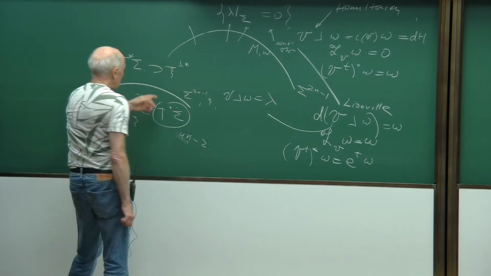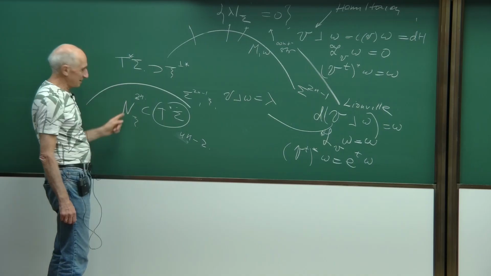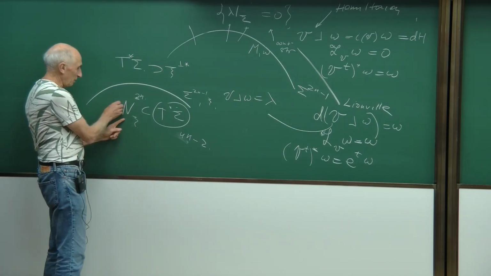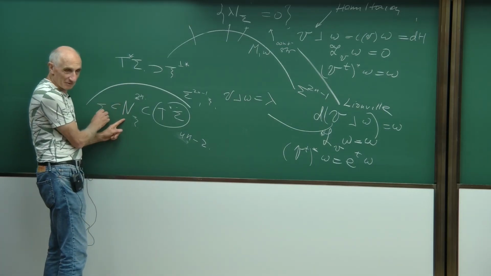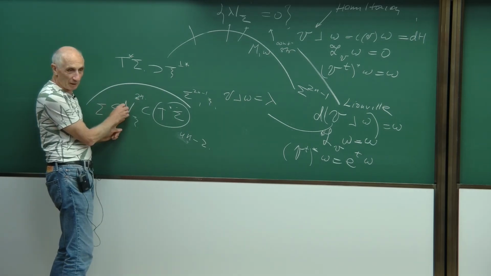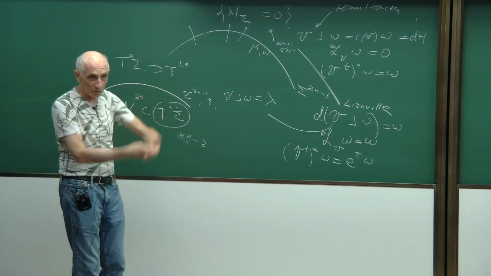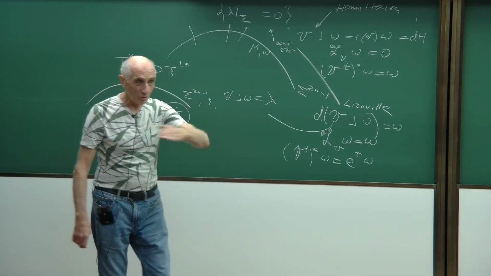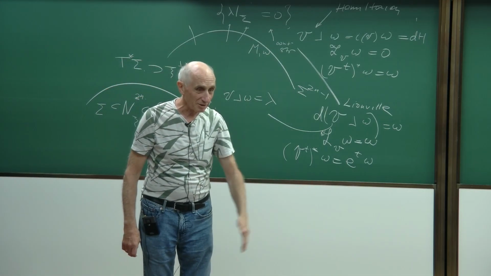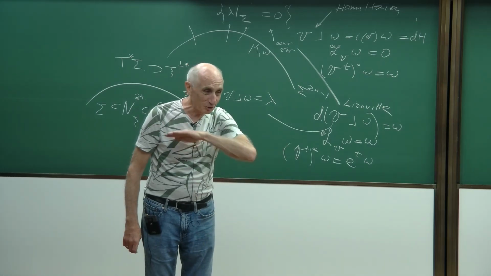No, you see, inside this N, you have sigma sitting itself, and it has codimension 1. And the symplectic form of the cotangent bundle on sigma is 0. So it would have a codimension one isotropic submanifold, which is too much, right? So this is not possible.